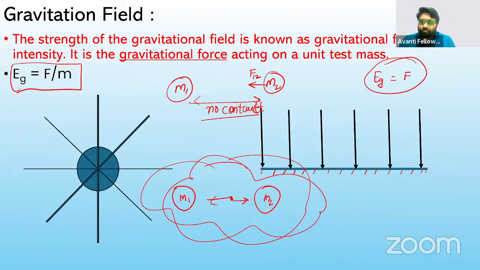So for that, what we will do, we will consider such a mass particle M naught which has unit mass, unit test mass, which means its gravitational field is negligible in comparison to the other mass particle. So it is not creating any field of its own. When it is not creating its own field, whatever field was there is the field created by the other particle, which is nothing but M1.